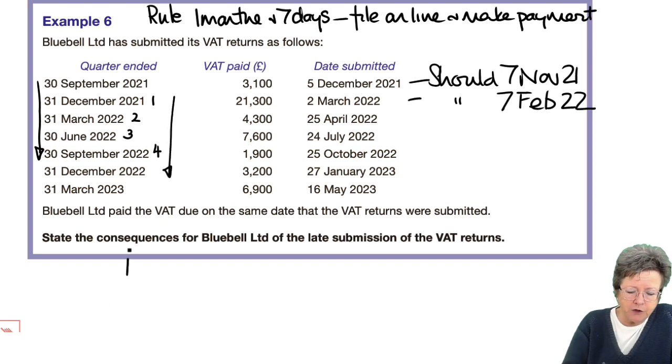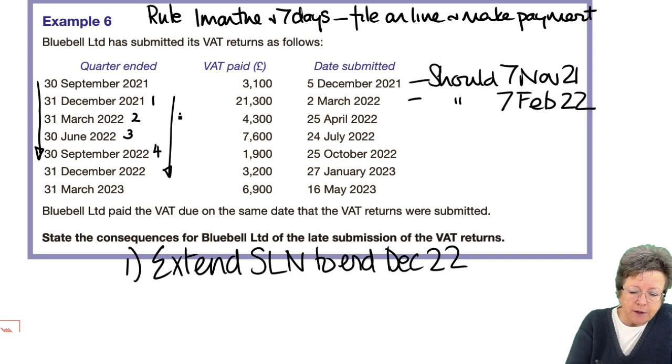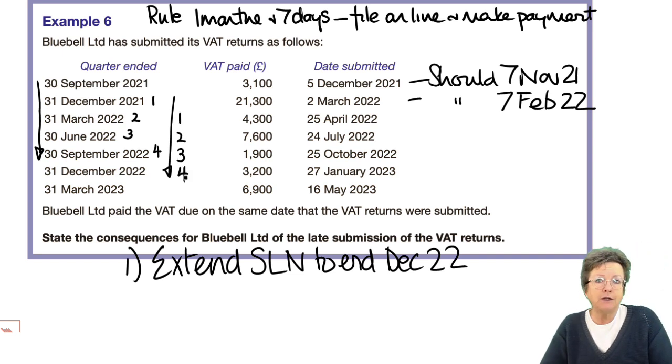So first consequence, extend the surcharge liability notice to the end of December 22 to give them the opportunity to send in 1, 2, 3, 4 correct returns at the correct time and pay the tax.